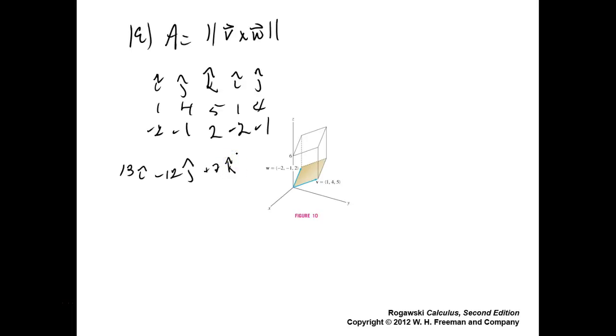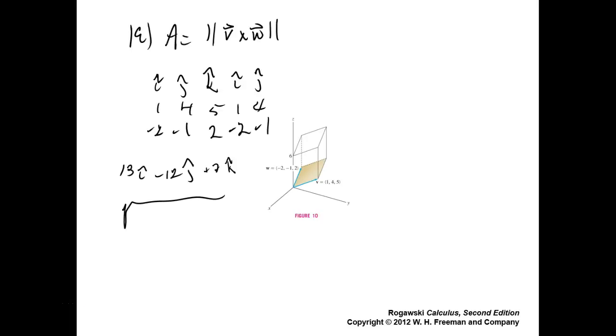Okay. That's that. What's the magnitude of that? Square root of. Did I do it wrong? Is it 13, right? This is 8, I think, right? 8 plus 5. That's 13.